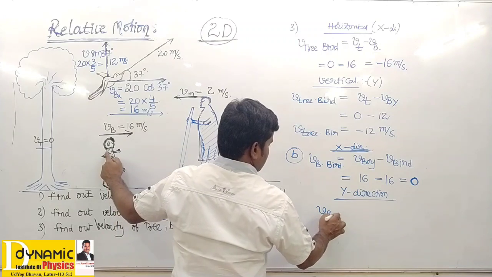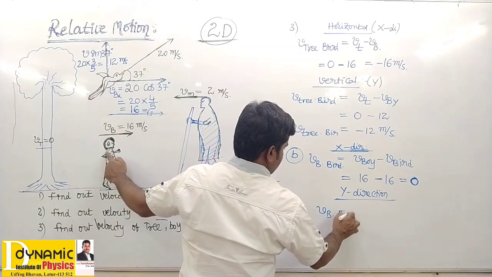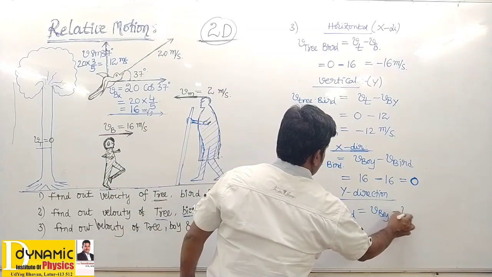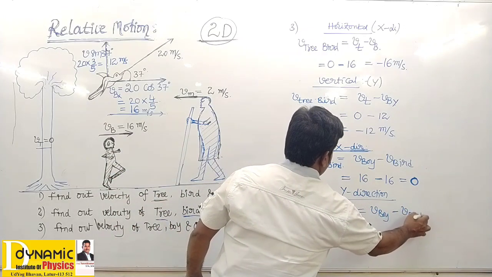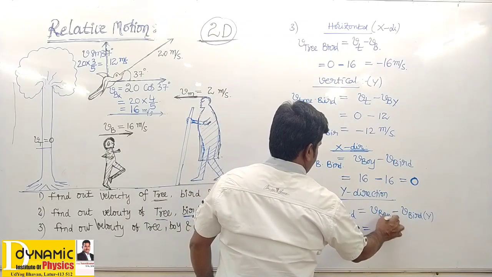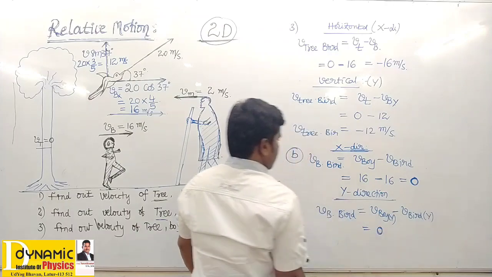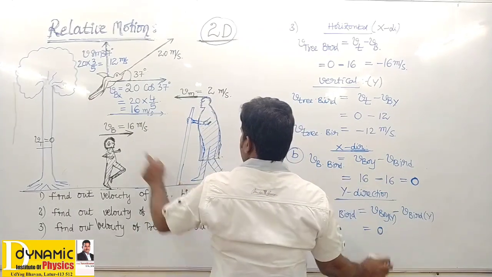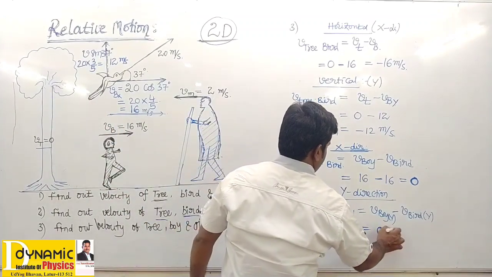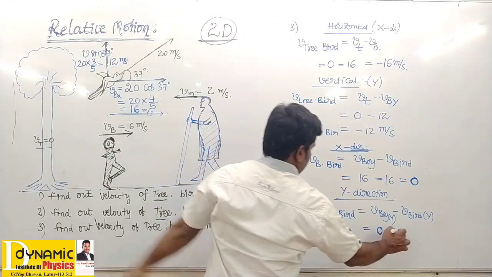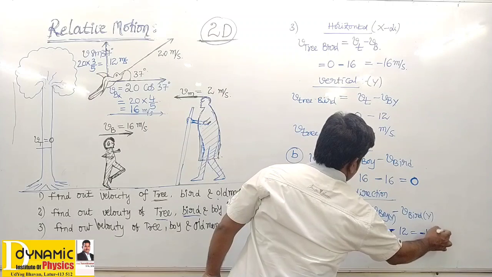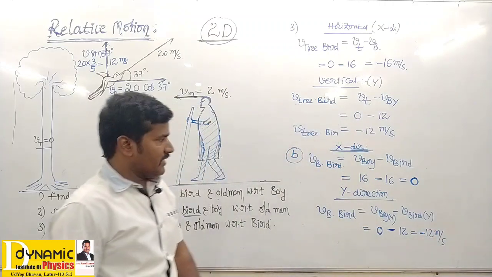Then 0 minus the bird's velocity in the y direction, which is 12. So its value is minus 12 meter per second.